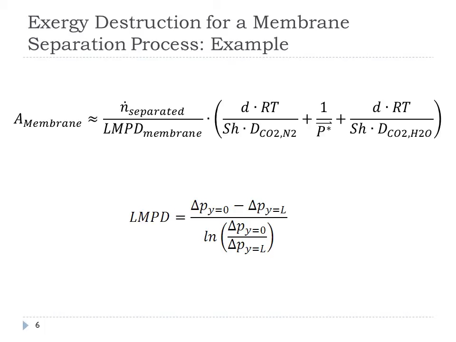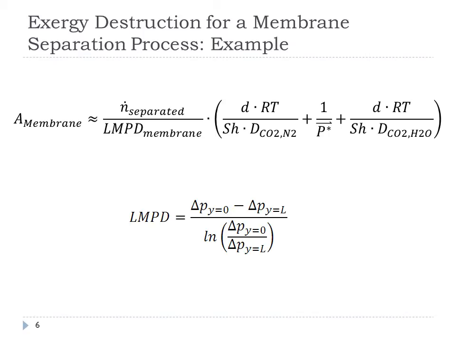And just as in the heat exchanger case, where A was proportional to Q dot over LMTD, this time it's proportional to n dot divided by LMPD, the log mean pressure difference, where the log mean pressure difference is effectively defined the same as for the temperature. Just remember that it's the log mean partial pressure difference. I didn't put LMPPD so that it would look like the LMTD. But remember, this is the partial pressure of CO2.